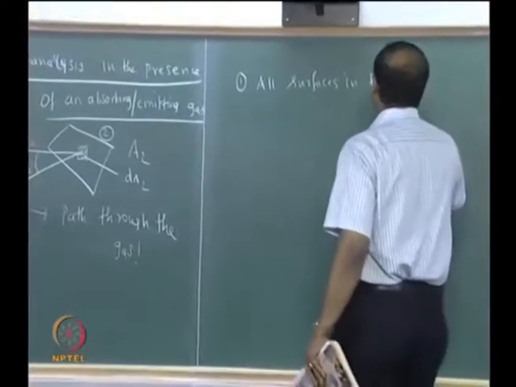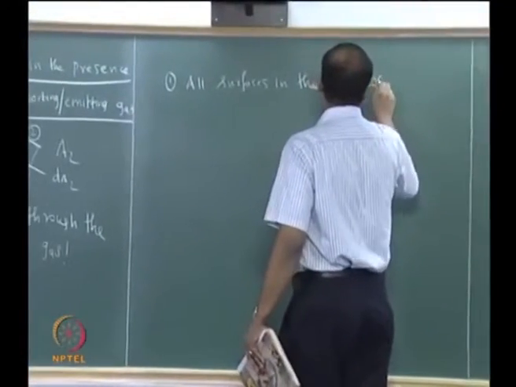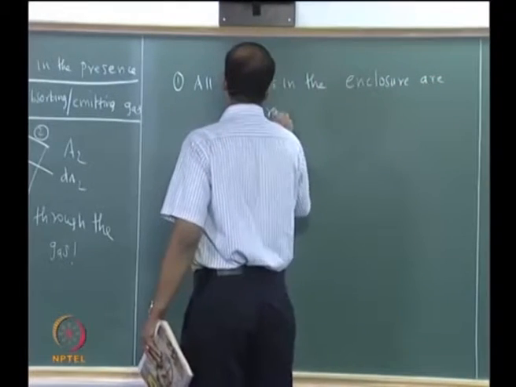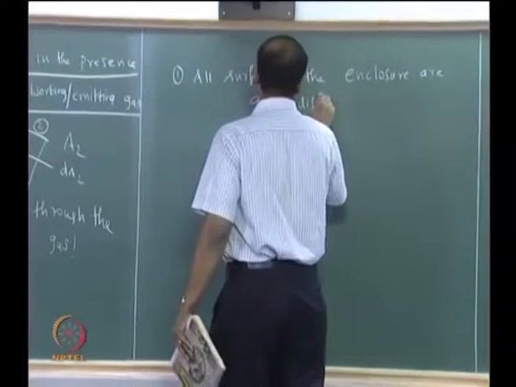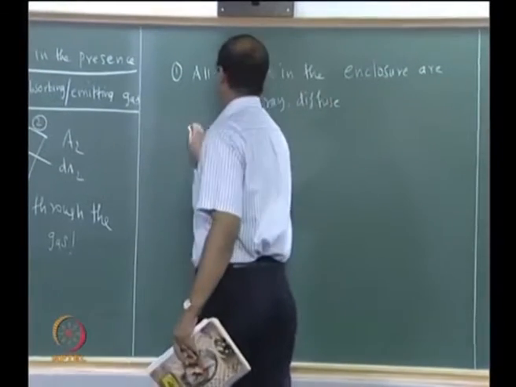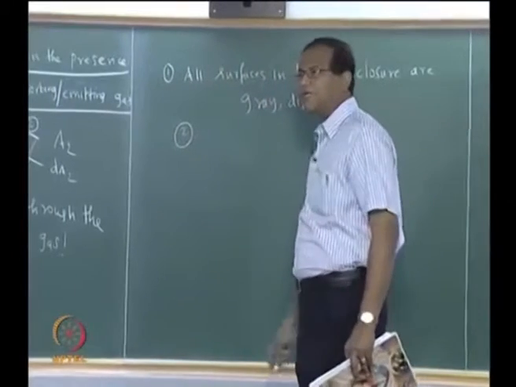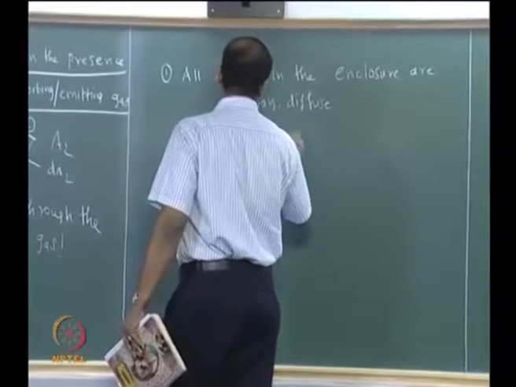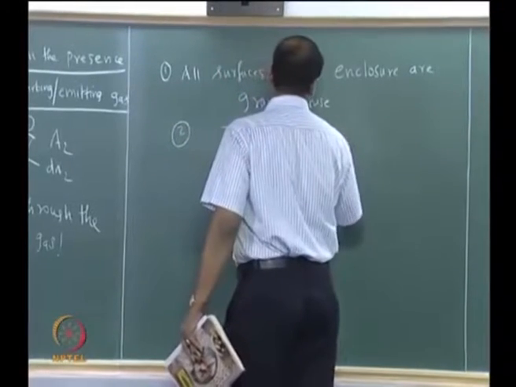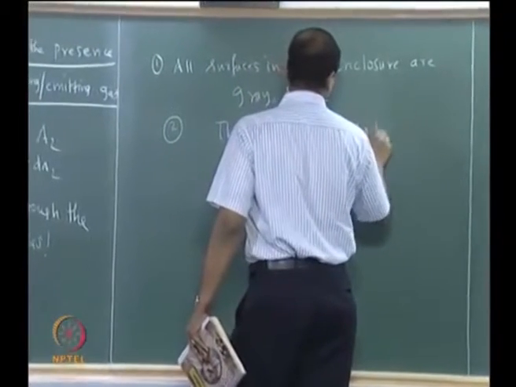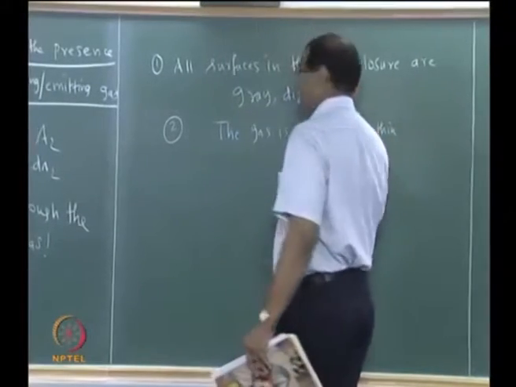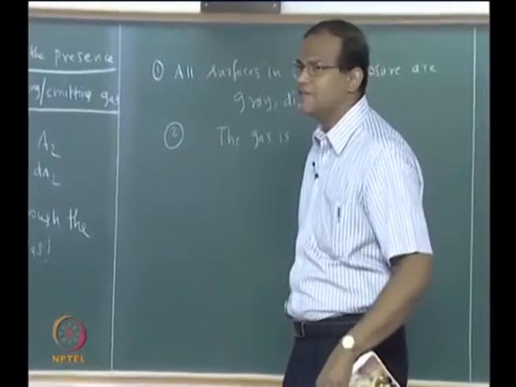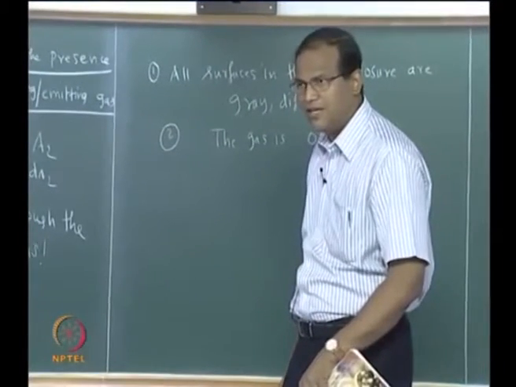Now, all surfaces in the enclosure are gray diffuse. The gas is optically thin, okay.